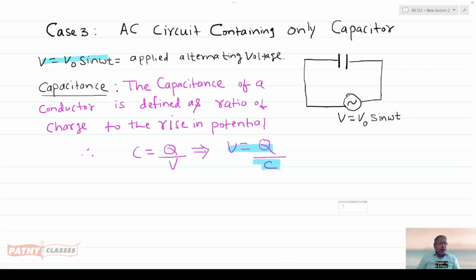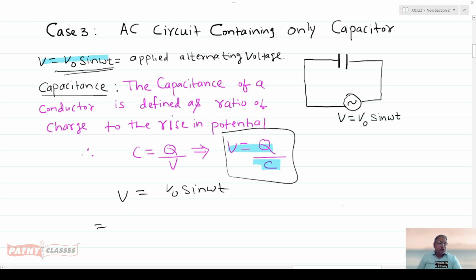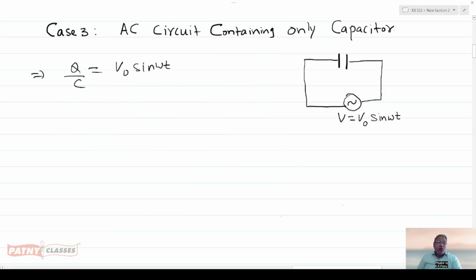Since we have not connected any resistor in the circuit, the potential difference between the plates of the capacitor is equal to the applied alternating voltage. Therefore, V equals V naught sin omega t, and V also equals Q upon C. So Q upon C equals V naught sin omega t.